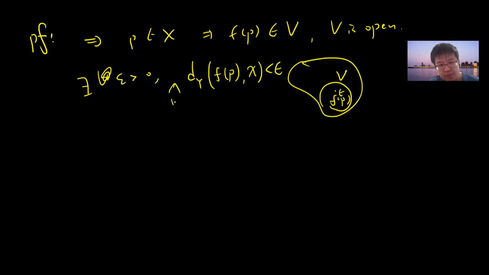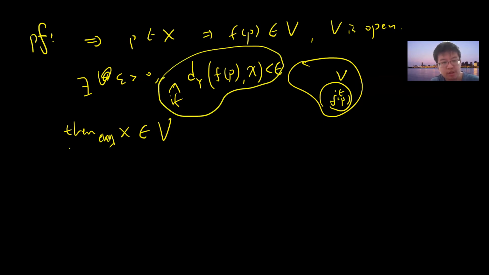If this happens, then every such y belongs to V, because f of p is in an open set.